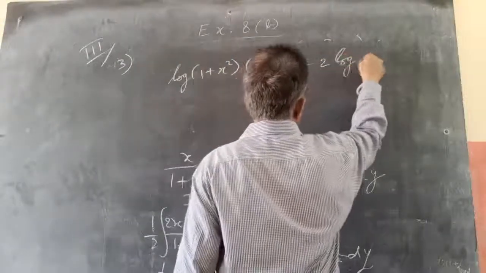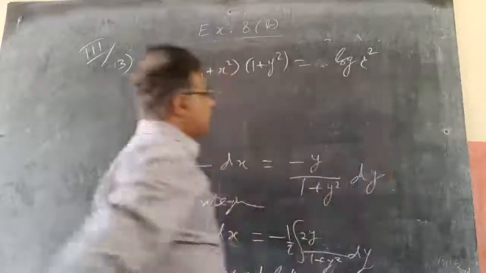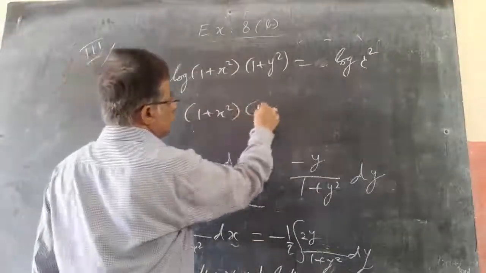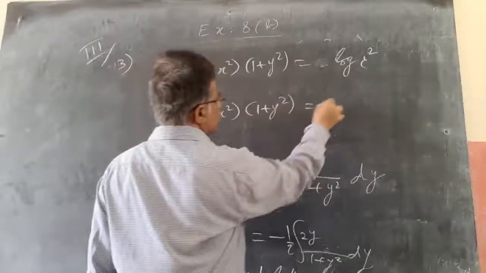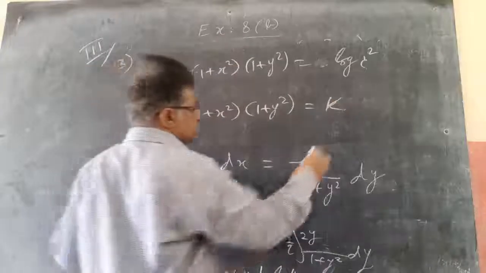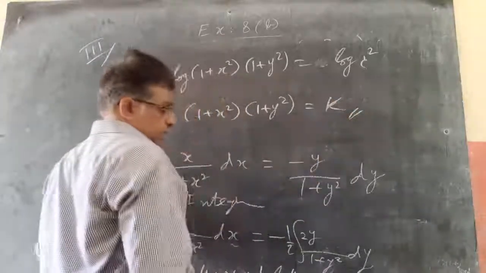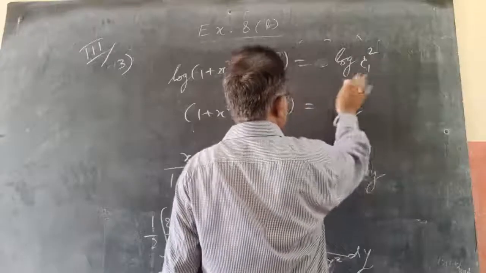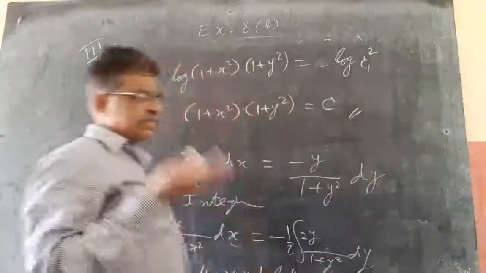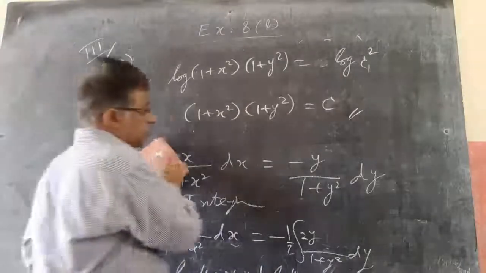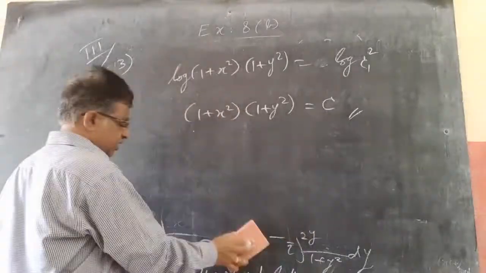It is again a constant, and cancelling log on both sides, it becomes 1 plus x square into 1 plus y square equal to some k, or some c, whichever choice you write. This is just a constant. I can take this as c1, and c1 square is some value that is c. Your choice of taking c or k, some constant. So 1 plus x square into 1 plus y square equal to c is the final result.